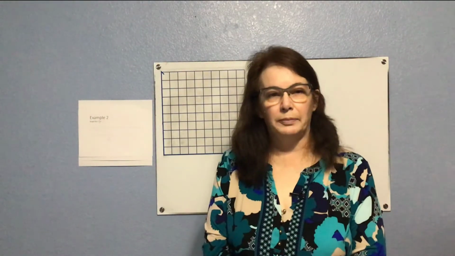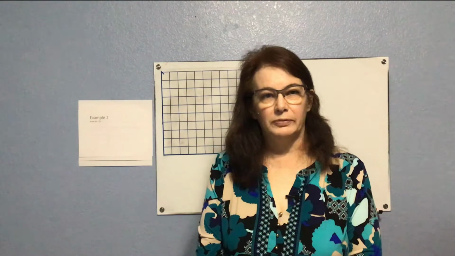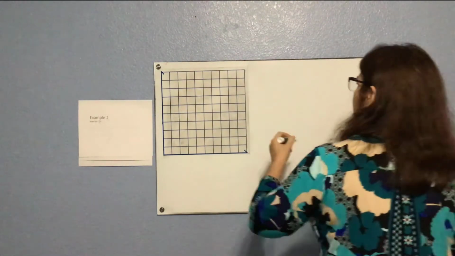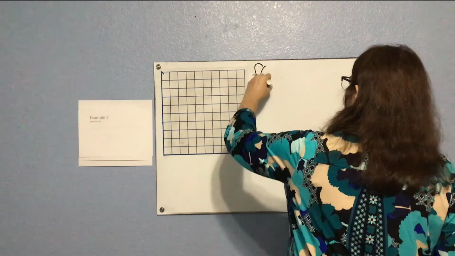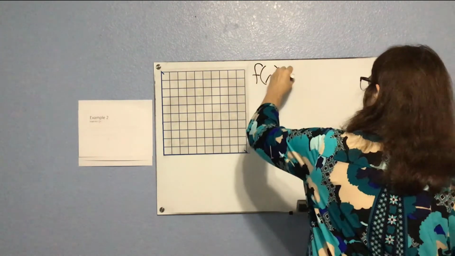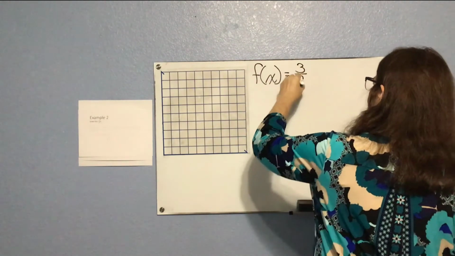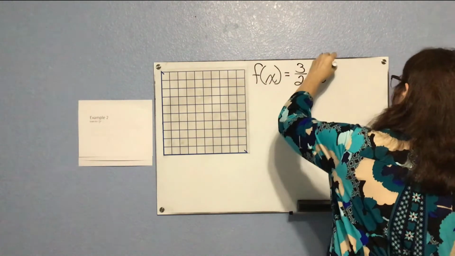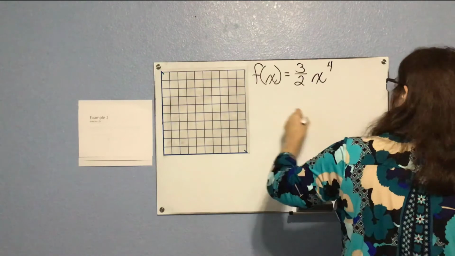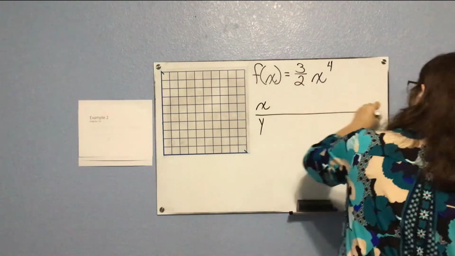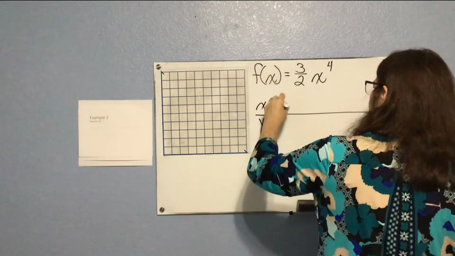In this example, we'll be looking at graphing a 4th degree polynomial function. So here's our function. We're going to do exactly the same thing we did before. Of course, we'll have some different values.